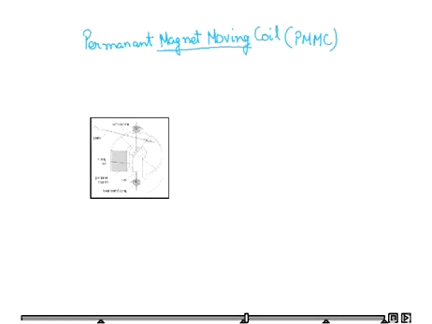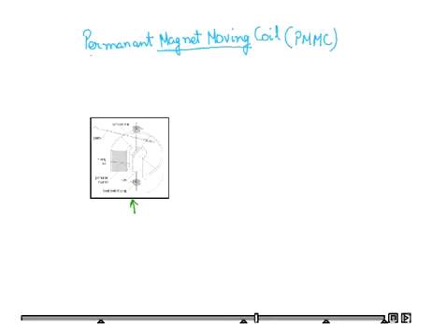Let's see what a permanent magnet moving coil is. It is a type of moving coil instrument. So PMMC is a type of moving coil instrument. Now this is the construction of PMMC.